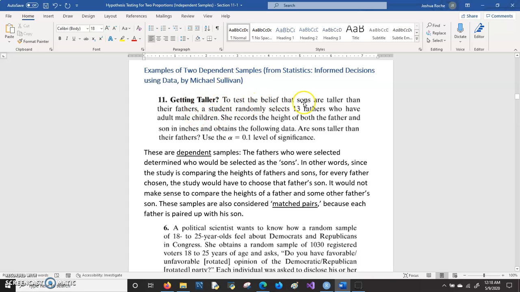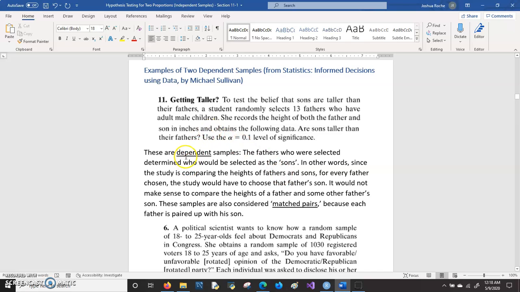To test the belief that sons are taller than fathers, a student randomly selects 13 fathers who have adult male children. She records the height of both the father and son in inches and obtains the following data. Are sons taller than their fathers? The rest of this problem is not included, so when you see this problem, you'll see the actual data.